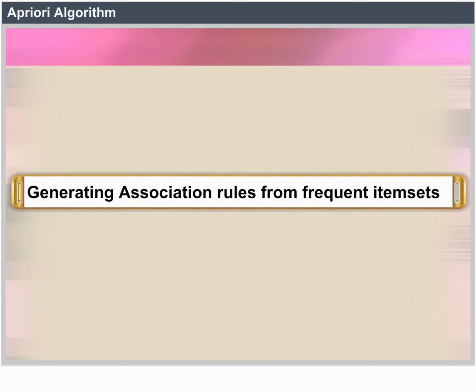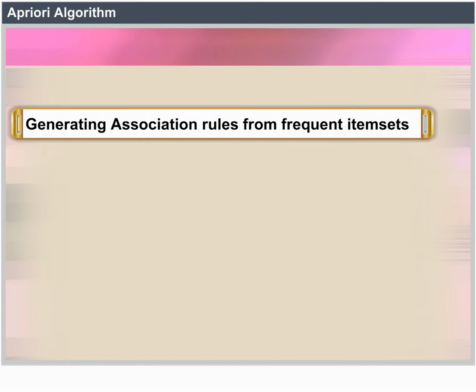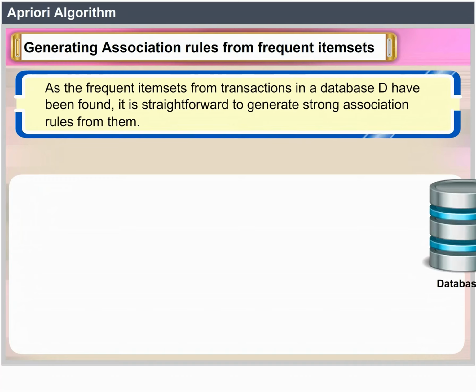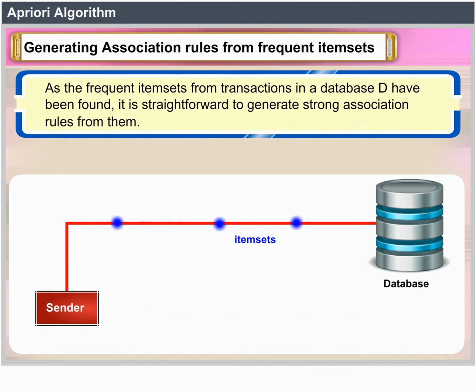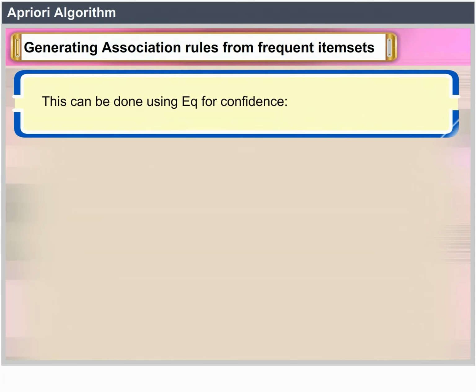Generating association rules from frequent item sets. Once the frequent item sets from transactions in a database D have been found, it is straightforward to generate strong association rules from them. This can be done using the equation for confidence.